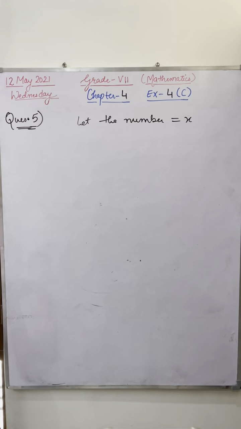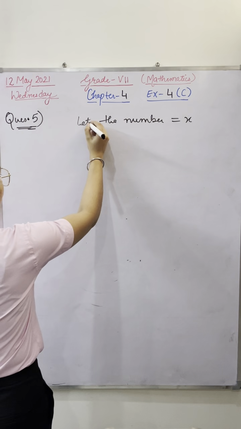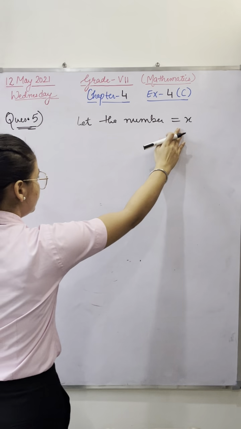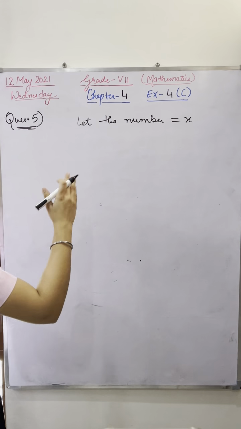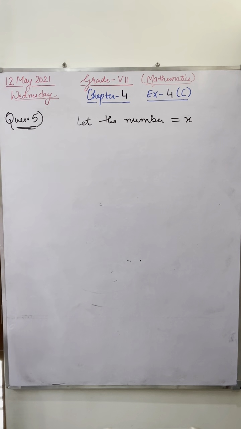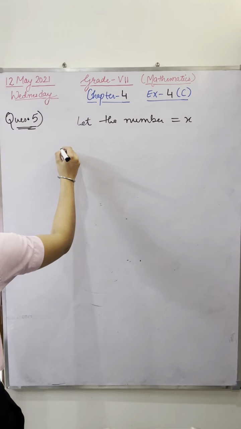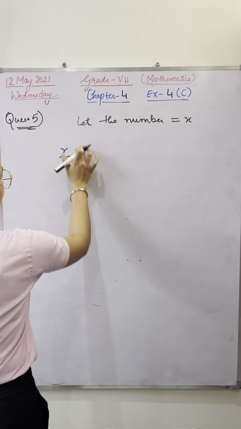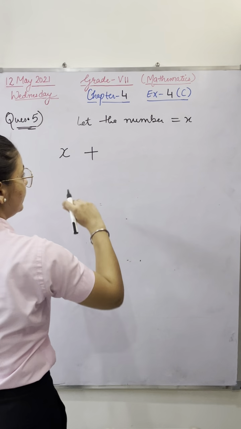Saloni, try this question. A number when added to its half. Give me any wrong answer, it doesn't matter. I just want to see how much it's understood. X is the number when it is added to its half.